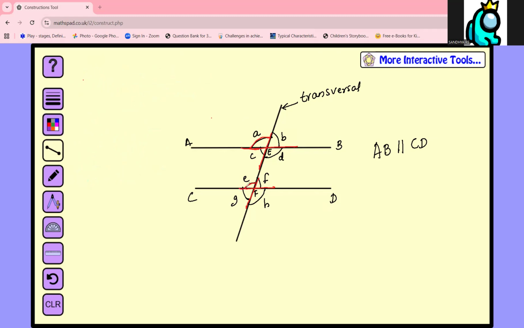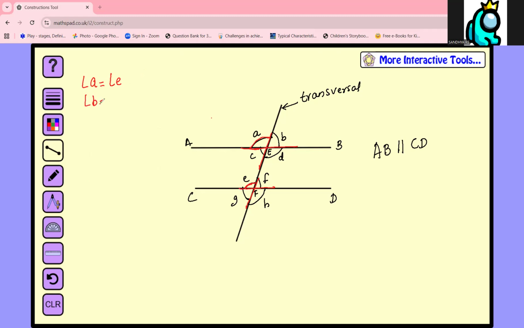This angle and this angle E, that is also on the top, and they are both on the same side, right? Such angles we call corresponding angles and their measures will be equal. Okay, so angle A equal to angle E, corresponding angles.